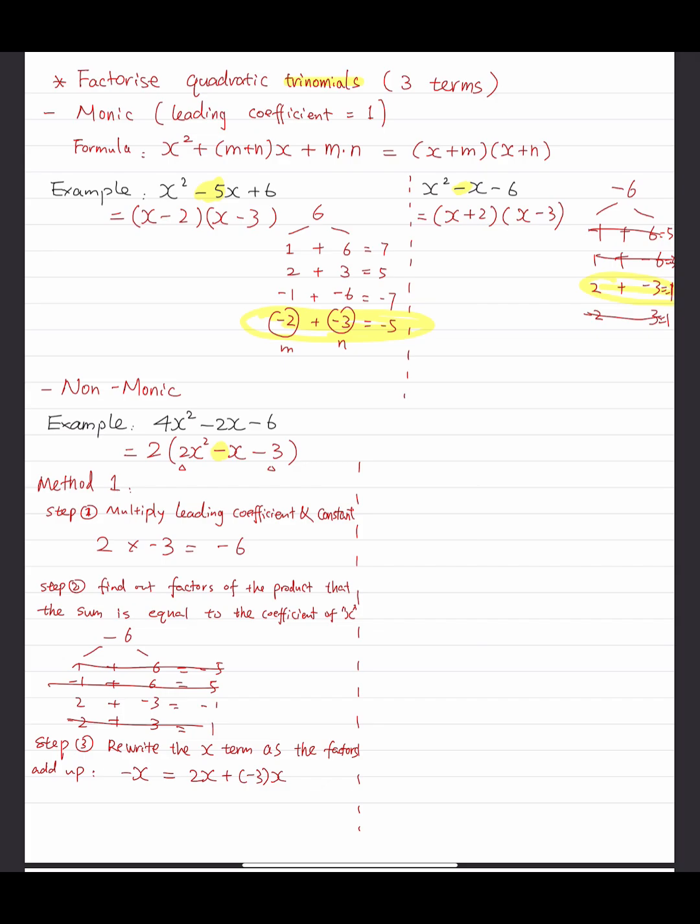After we do that, we're going to rewrite the whole expression again. So that is equal to 2 times (2x squared plus 2x, minus 3x minus 3). So now you have 4 terms, which gives you a hint that we're going to use factorize by grouping.